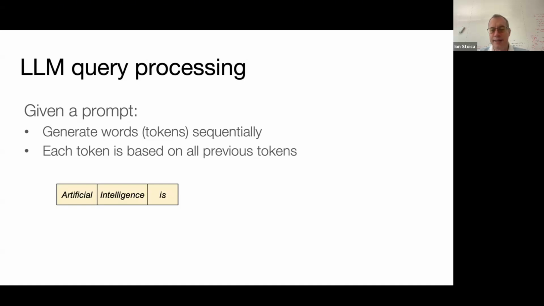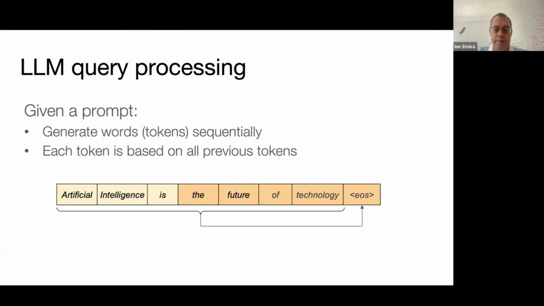Basically, you generate tokens sequentially, right? One at a time. You get a prompt, you compute the embedding from the prompt, and then you generate the next token and the next token, always looking at all the tokens before it, right?